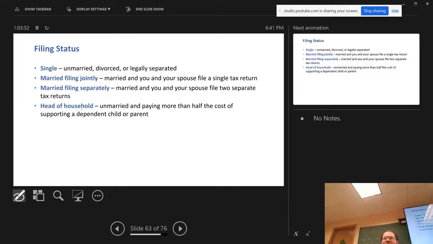Head of household is essentially when you are at a house by yourself and you have a dependent, so like a child or like another family member. That's usually what head of household is. Each of them has their own pros and cons.